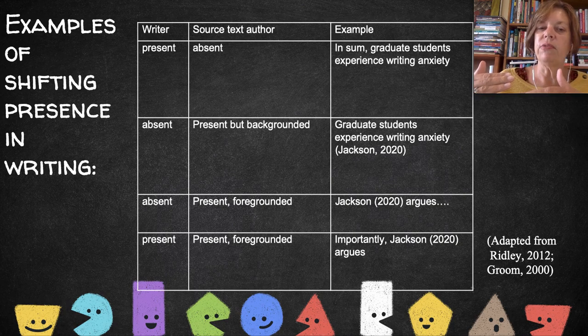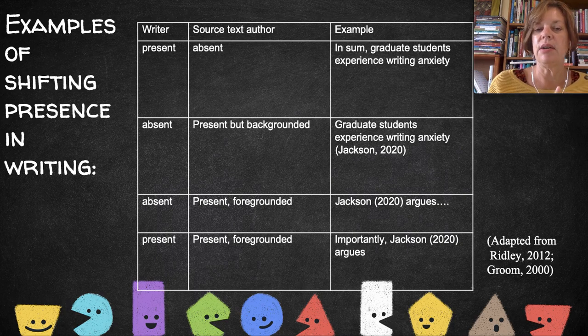If we want to foreground the source text author, we would put them at the beginning of the sentence. So if we look at the next line of the table, we'll see that this is what happens. Jackson 2020 argues. So now you can see that the source text author is present and foregrounded, while the writer is absent.